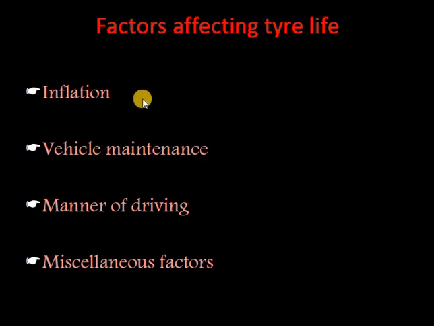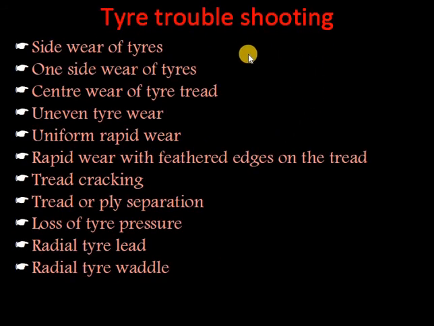Factors affecting tire life: inflation, vehicle maintenance, manner of driving, and miscellaneous factors affect the life of a tire. Tire troubleshooting: side wear of tires, one side wear of tire, center wear of tire tread, uneven tire wear, uniform rapid wear with feathered edges and tread cracking, tread or ply separation, loss of tire pressure, radial tire lead, and the radial tire waddle. These troubles come because of camber, caster angles, and actual working position.